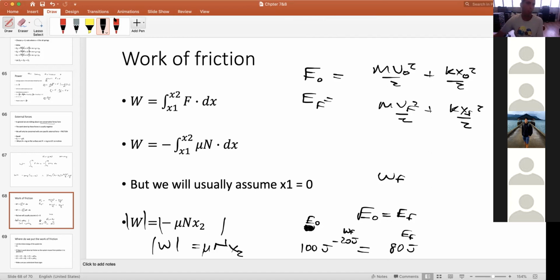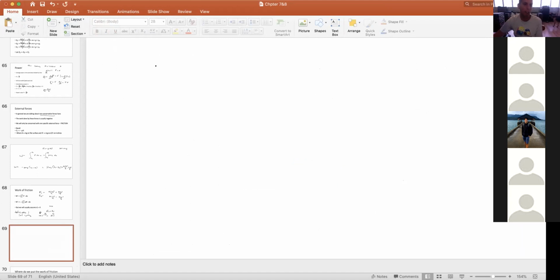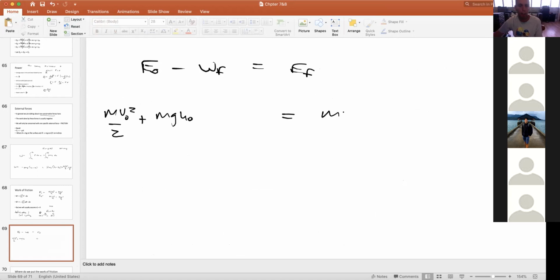So you have a choice here. You can either say the initial energy minus the work of friction is equal to the final energy, which would mean mv initial squared over 2 plus mgh initial equals mv final squared over 2 plus mgh final minus mu mg.